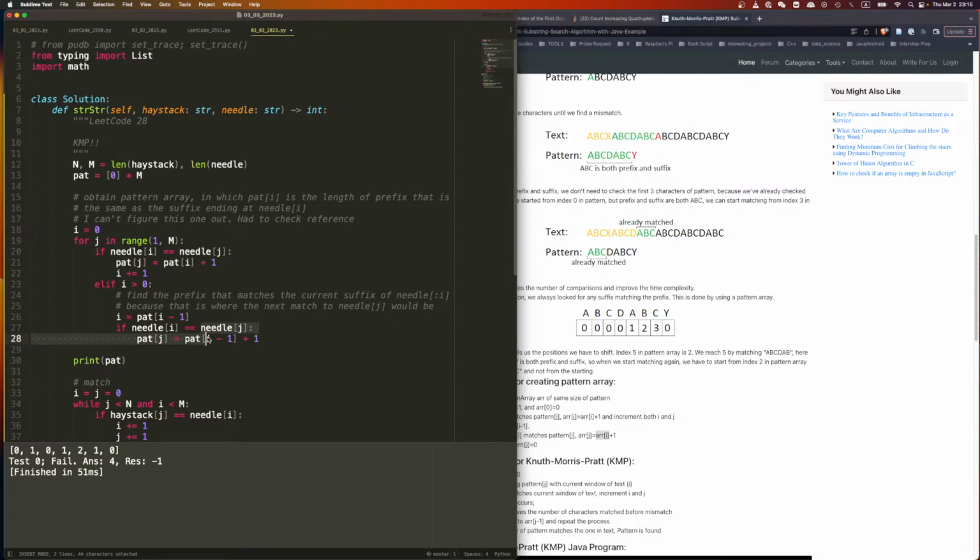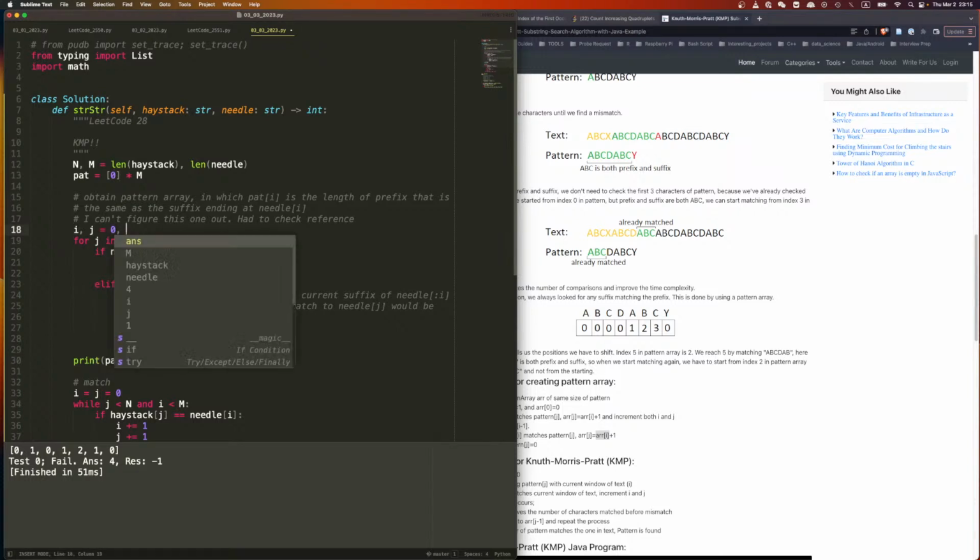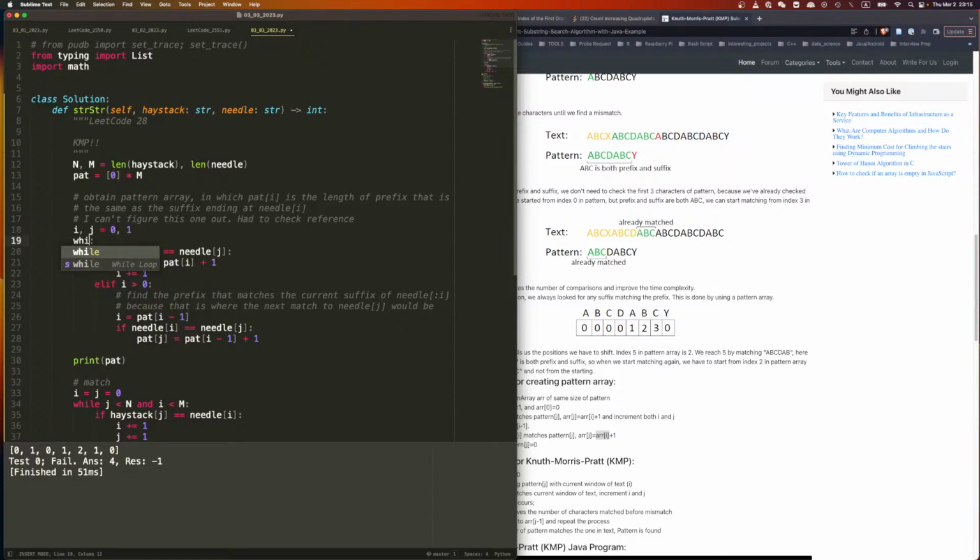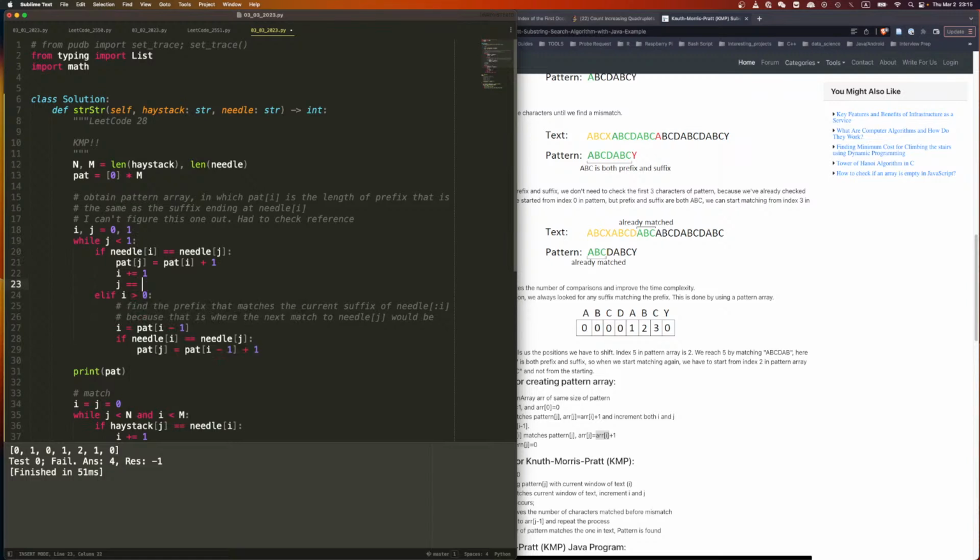I need to find control these two. Nah, that's not right. I, J equals 0 and 1. So while J is smaller than 1, if this I plus equal 1, J plus equal 1. Alright. Otherwise, we reset I, and we don't move J. Then we compare it again.